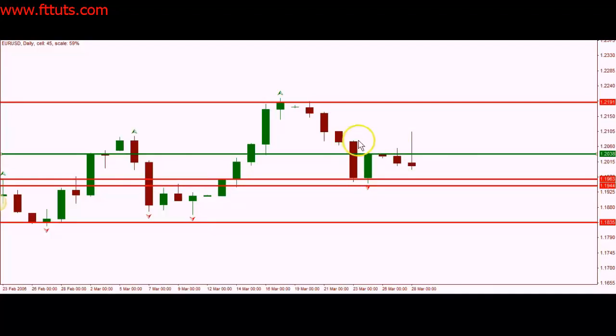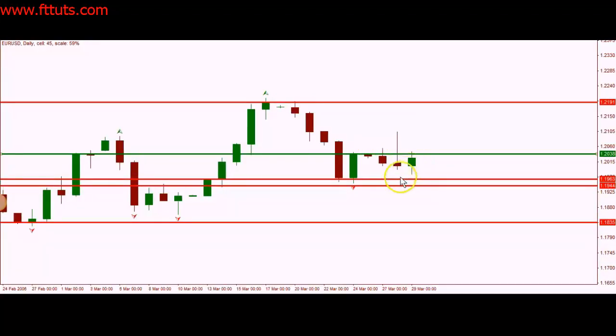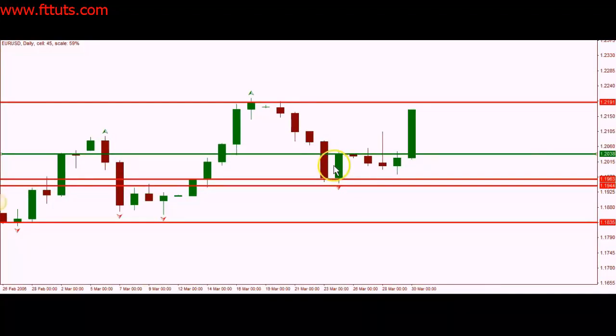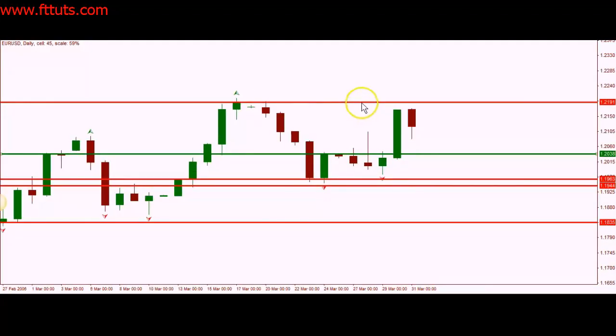If you would have taken an entry here, you would have still been sitting in a trade. So let's see what the market does, and you're still inside of this candle, and then finally the market takes off. So you never got stopped out. You were sitting in a trade that wasn't doing much for a little while, and then the market takes off.